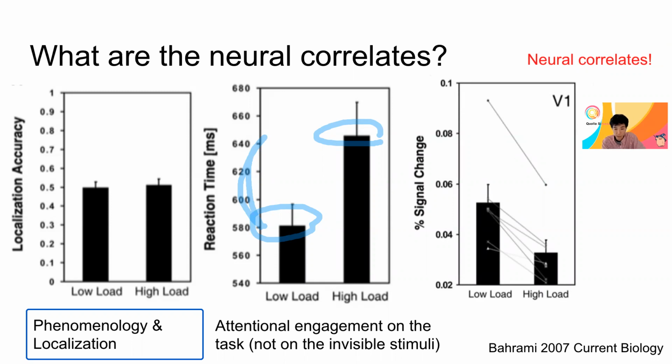Each of the dots here is an individual subject. Here he found one subject that was a bit strange in terms of overall activation, but the other 1, 2, 3, 4, 5 subjects all pretty much produced a V1 fMRI response that is stronger under the location where the object was presented compared to the random scrambled location.